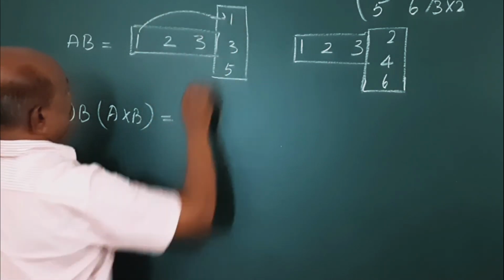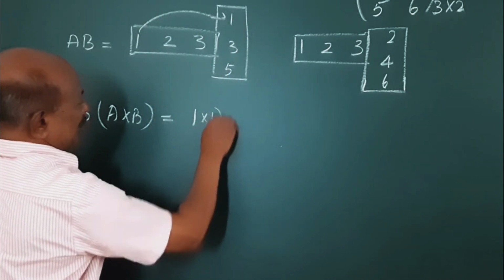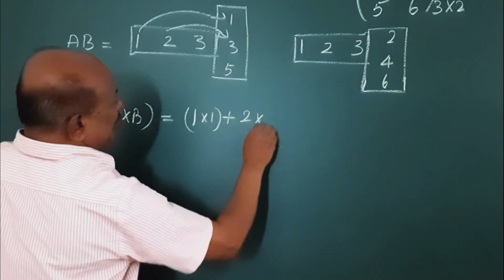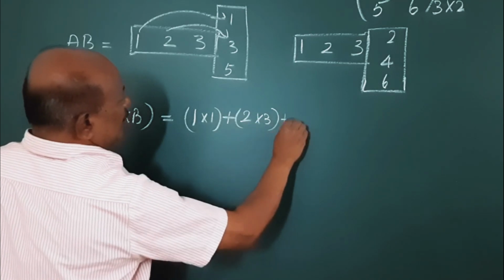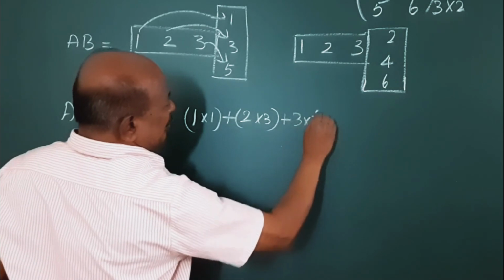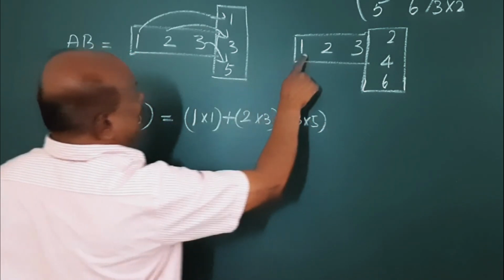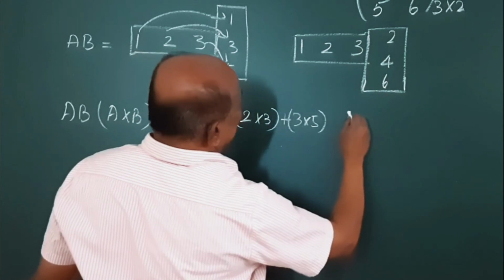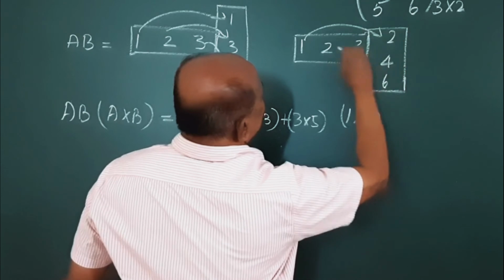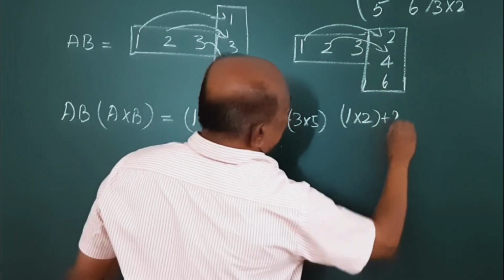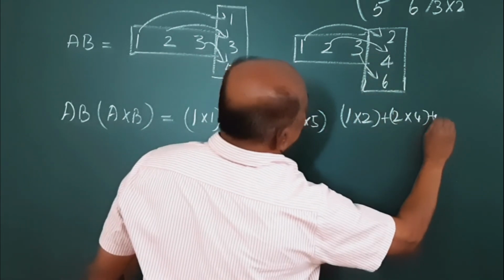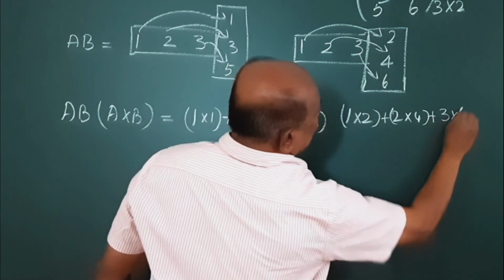Here 1 into 1 plus 2 into 3 plus 3 into 5. Like that, first row, second column, 1 into 2, then 2 into 4, then 3 into 6.